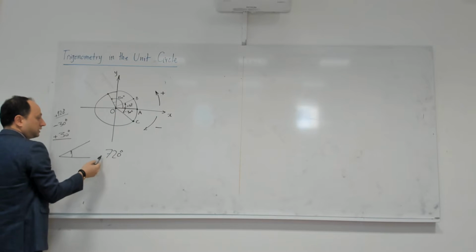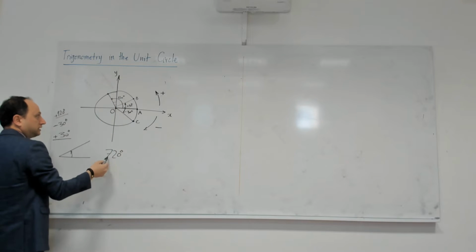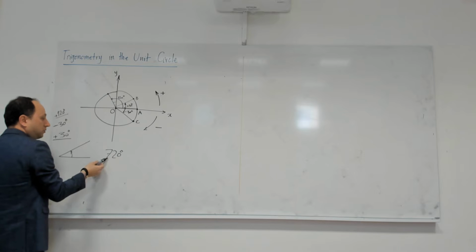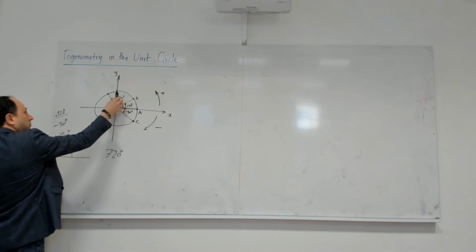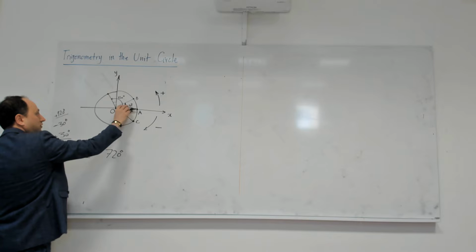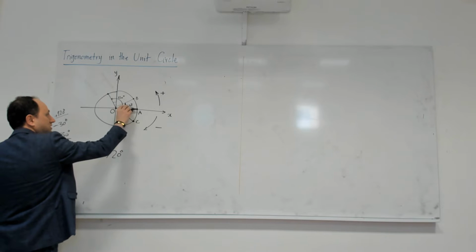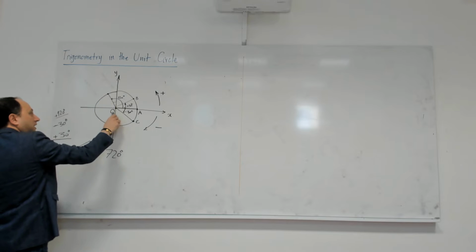Because 720 degrees is positive, I have to rotate about O positively in this direction. I rotate and rotate. I reach here, which is not enough yet because this is just 360 degrees. I have to move another round and I come back here again.